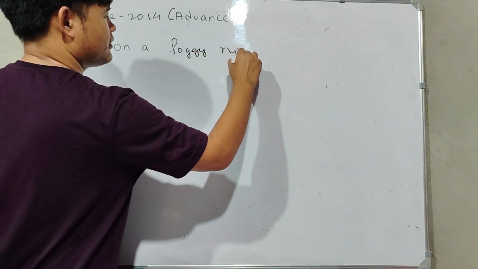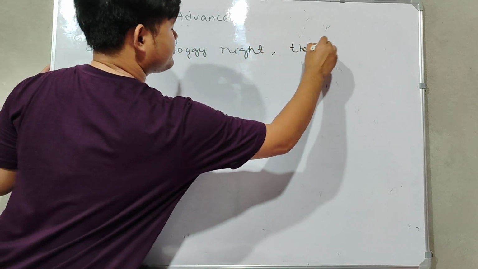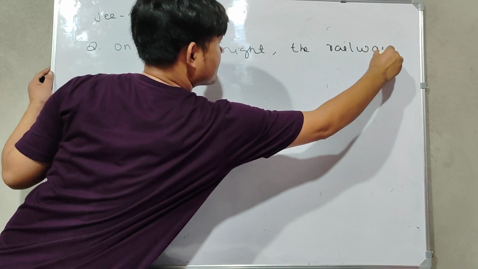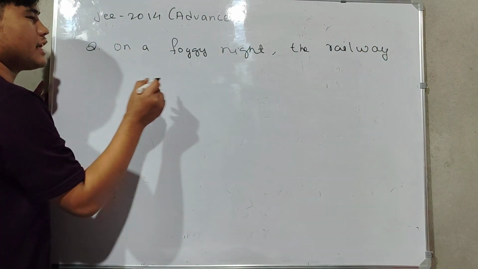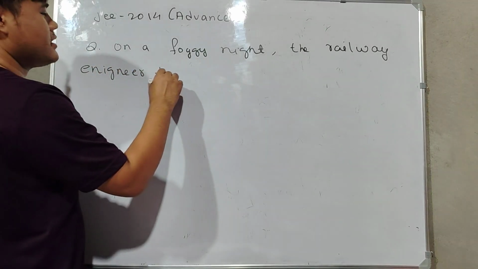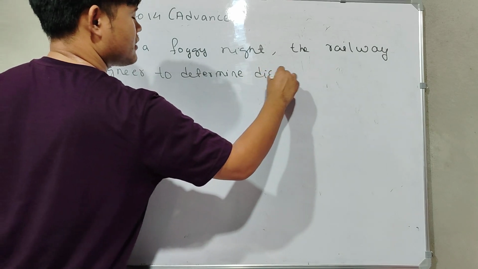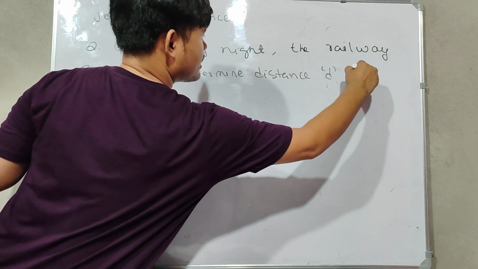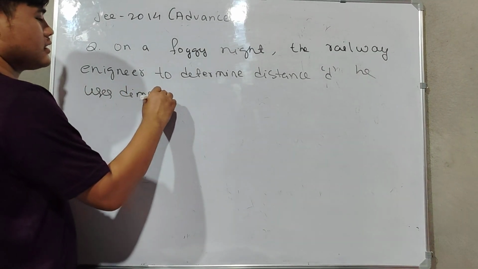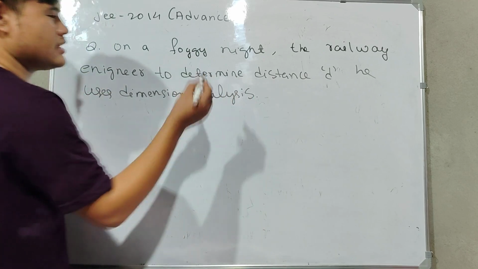On a foggy night, the railway engineer, to determine distance D, uses dimensional analysis.